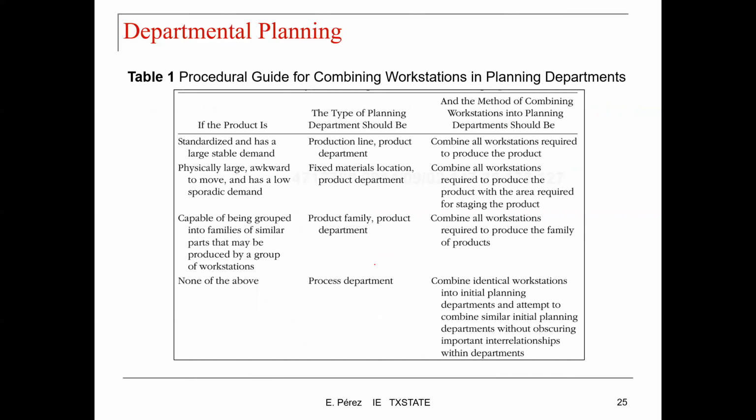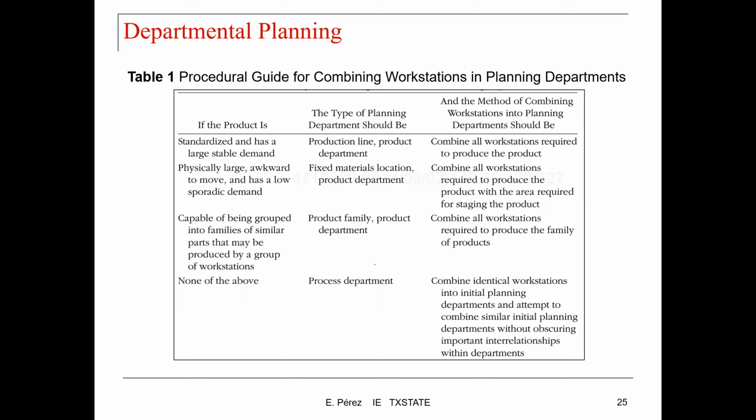The procedural guide for combining workstations in planning departments. So these are guidelines that can allow you to make decisions in terms of which workstation should be in a particular department.